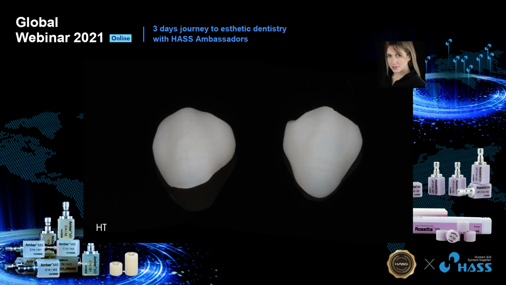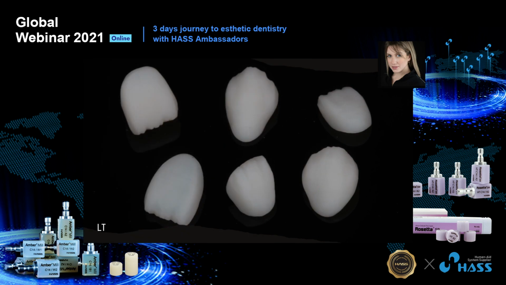The premolars are heat treated to high translucency because they will only be stained and glazed. And the rest are heat treated to low translucency because of the thickness. That's because we did not want to lose any color or value.